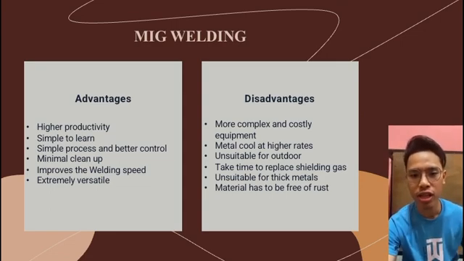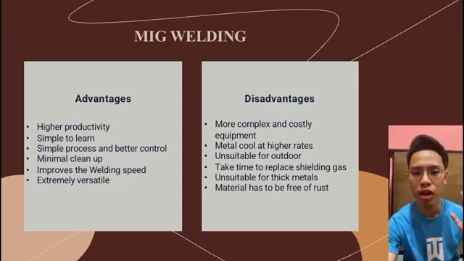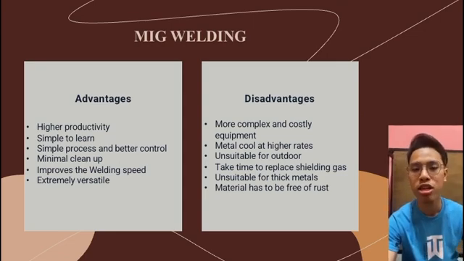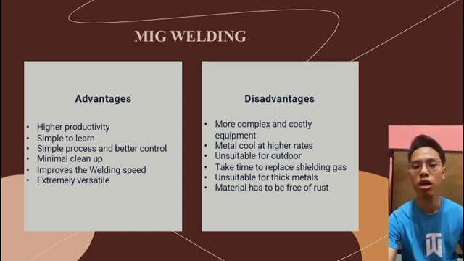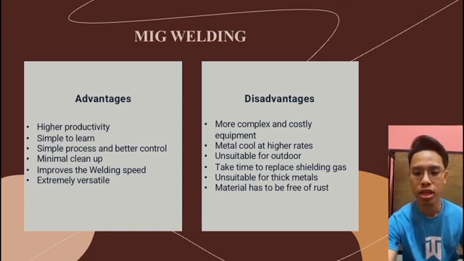I will give you the advantages and disadvantages of MIG welding. First, for advantages, MIG welding has higher productivity and saves time by not constantly changing the rod. Second, it is simple to learn for beginners, so it doesn't have many steps to learn. Third, it is a simple process with better control.